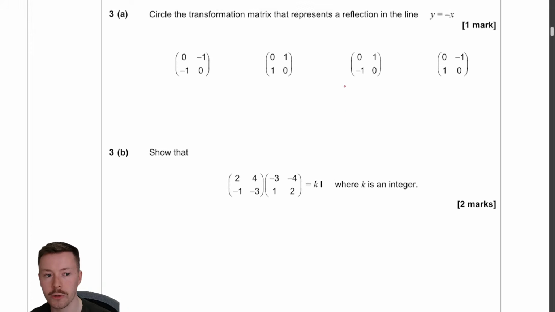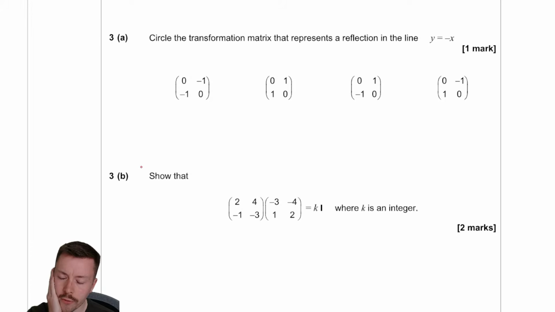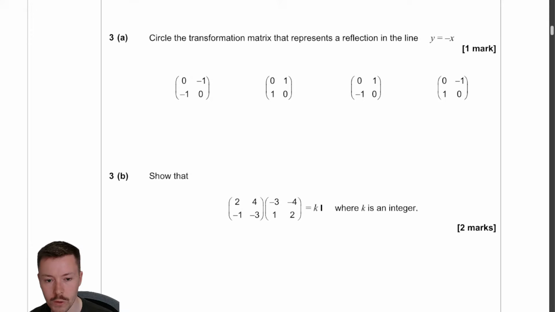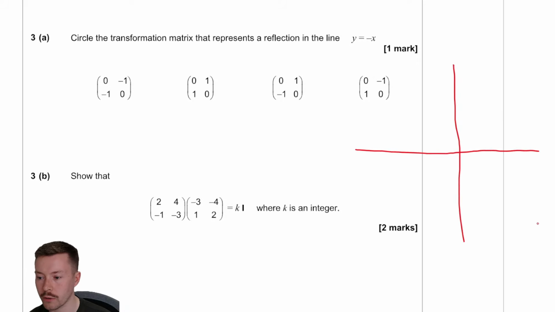This one, circle the transformation that represents a reflection in the line y equals minus x. If you forgot how to do this, the way that I would remember it, let me move this to the side a little bit so we've got some space, is to do a quick sketch of the line y equals negative x. That goes this way.